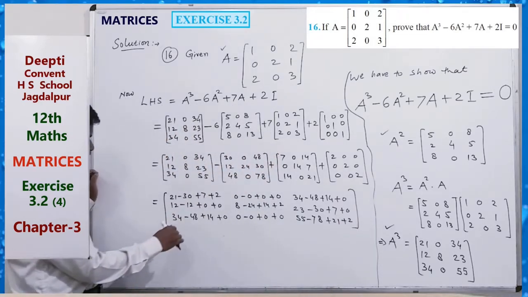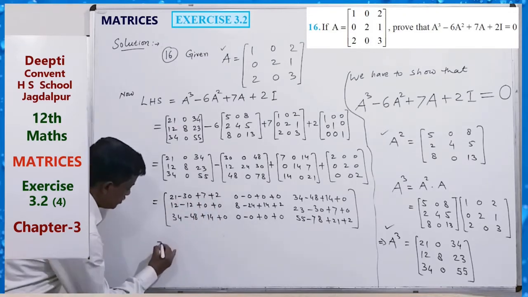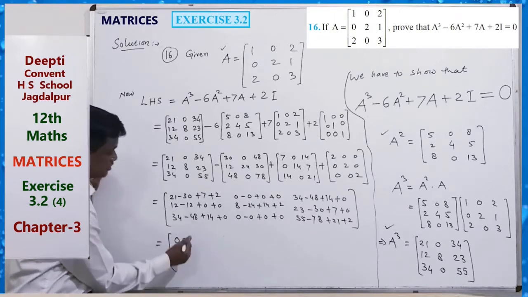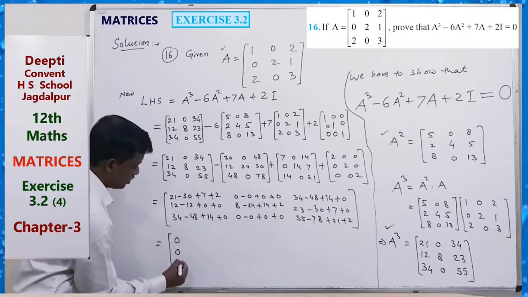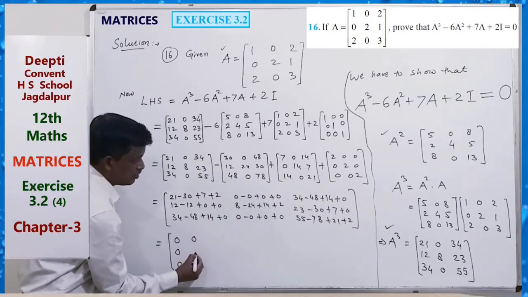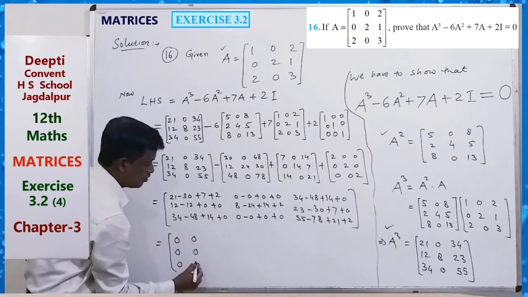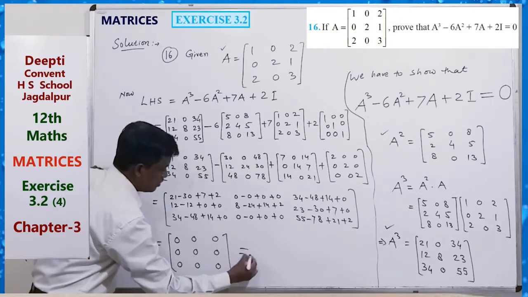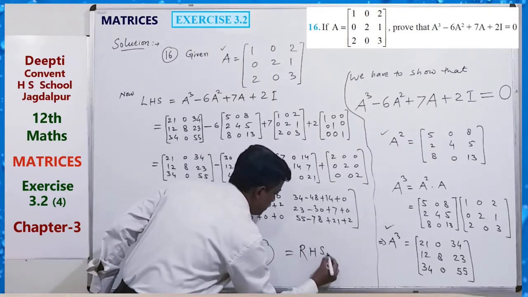Just see now. 7 plus 2 is 9, 30 minus 30 is 0. This is 0. 12 minus 12 is 0. 34 minus 48 plus 14 is 0. Similarly here, 0. All elements are 0. This is the zero matrix, the right hand side.